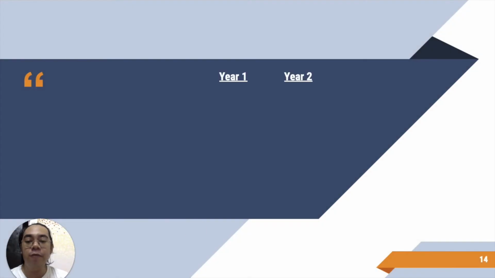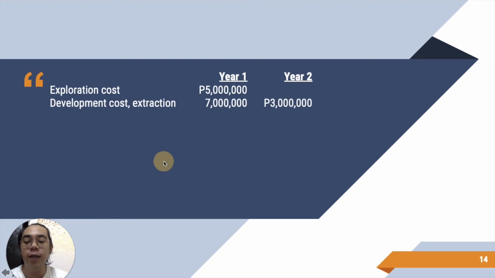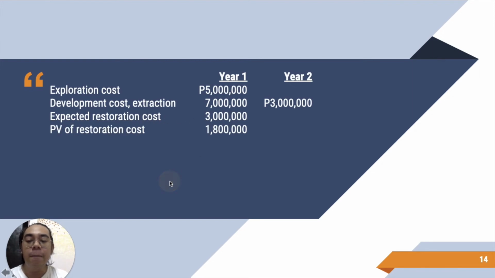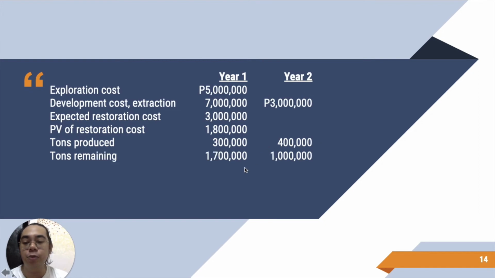So these are the information for exploration cost, 5 million year 1. Development cost related to extraction, 7 million for year 1, tapos nadagdagan ng 3 million for year 2. Expected restoration cost, 3 million, but the present value is 1,800,000. Tons produced, 300,000 for year 1 and 400,000 for year 2.